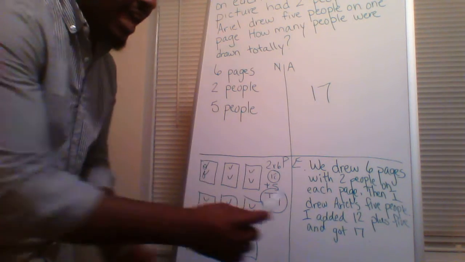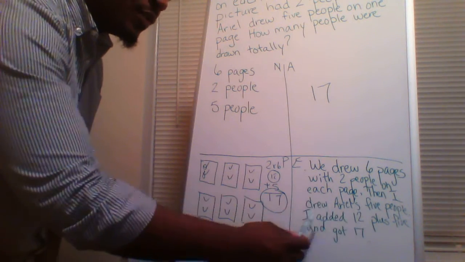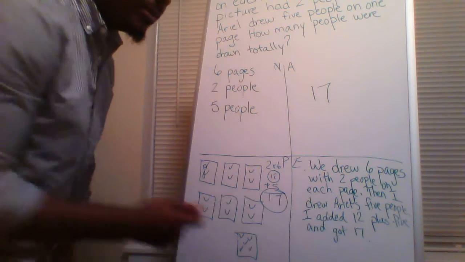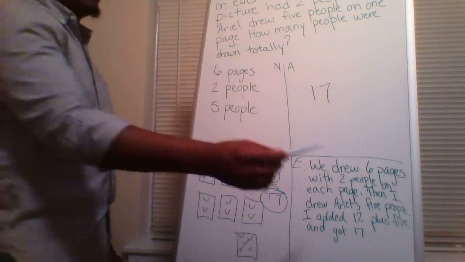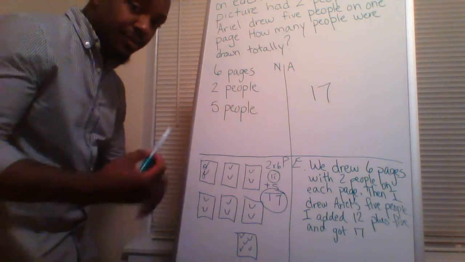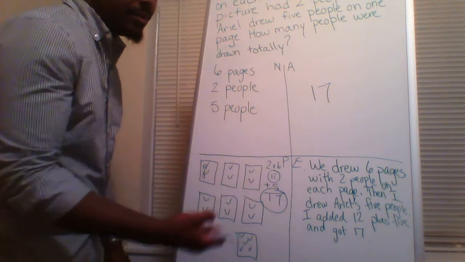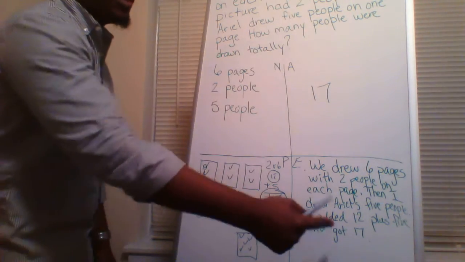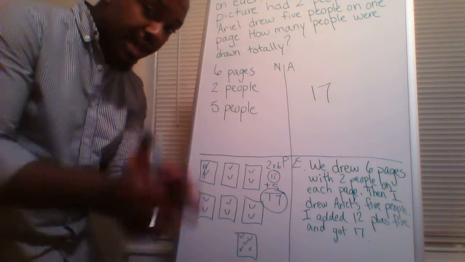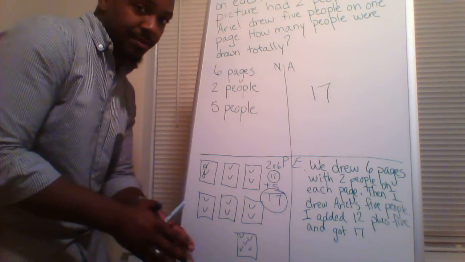I said that then I drew Ariel's 5. I talked about the 2 people on each page, but I didn't say how I got the 12. So make sure if you put a number in there, I should know how you got to it unless it was already put in the word problem. If it was not put in the word problem and you put it in the explanation, you have to tell how you got to that number. All right?